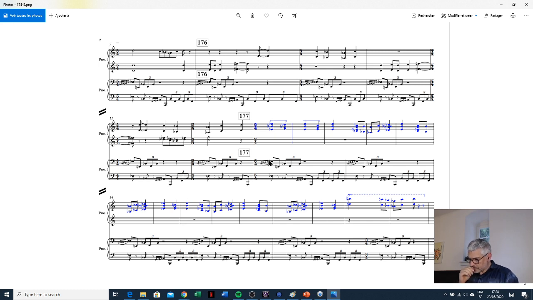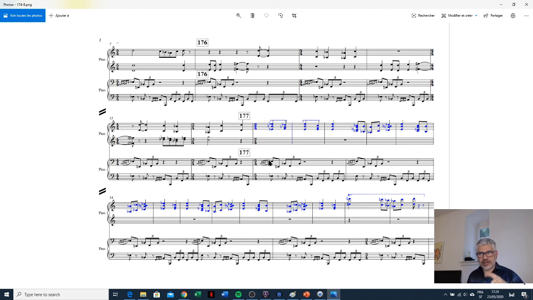So how do I learn this music? I just start by beating the percussion. 1, 2, 2. Until I really know this phrasing by heart.